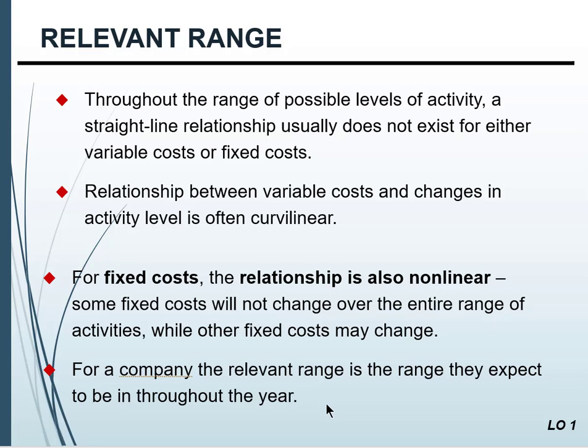So we have to understand or develop what they refer to as a relevant range. This is the range of production that you think you're going to be operating in, right? So we think we're going to be operating in the 0 to 10,000 unit range. That's where we think we're going to be.